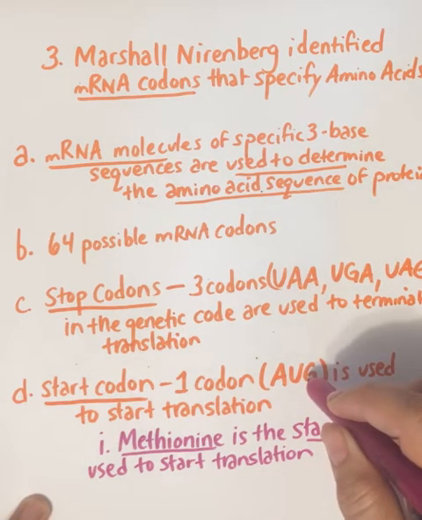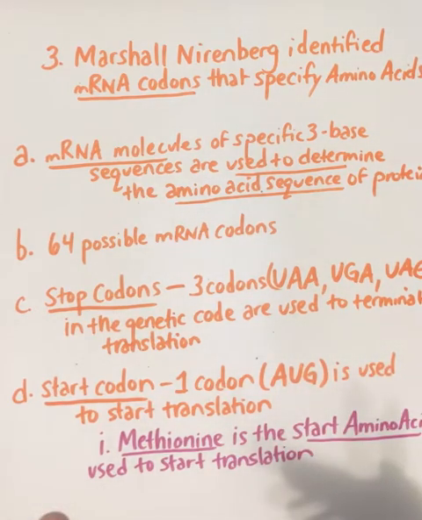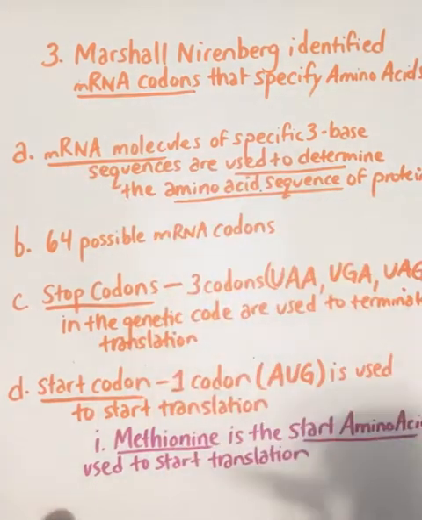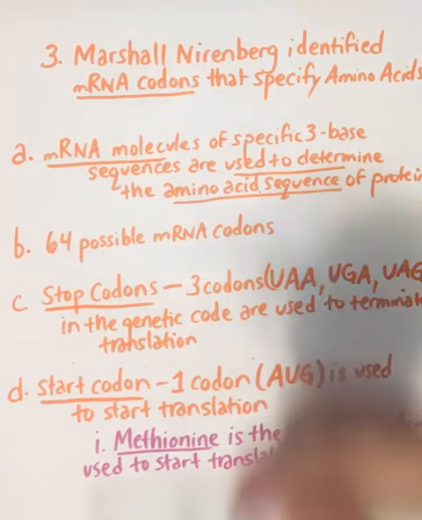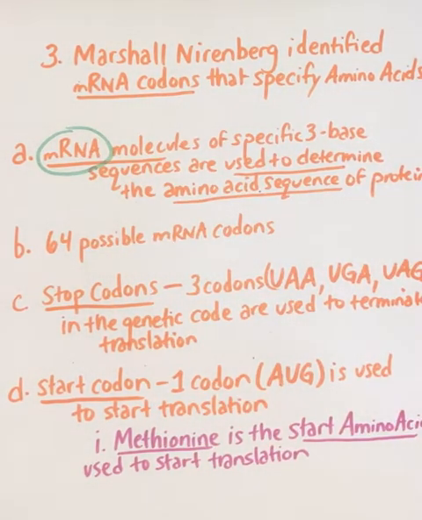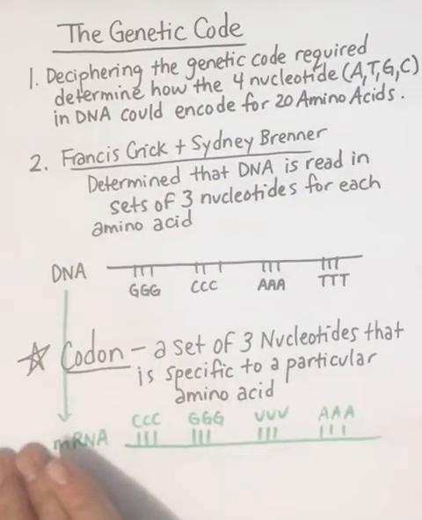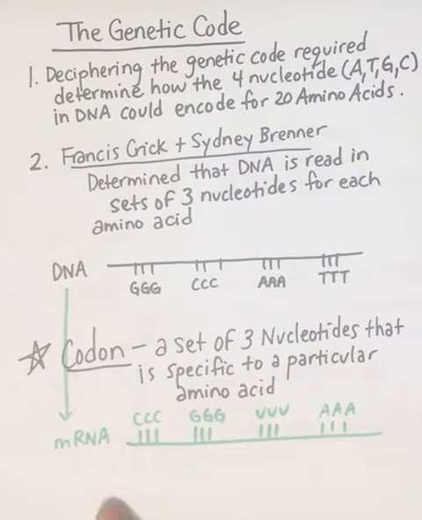AUG is used to figure out which amino acid. So you use that little chart, and basically it's always going to be mRNA. mRNA is always going to help you figure out which amino acid you're going to use. So you would use your genetic code chart to figure out which amino acid would be translated for each of these codons.